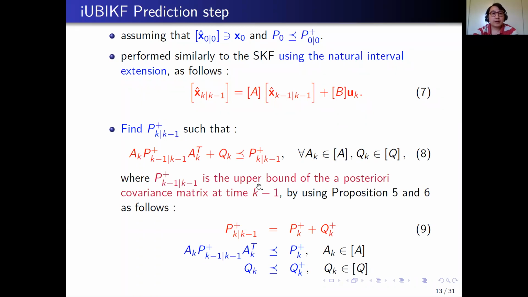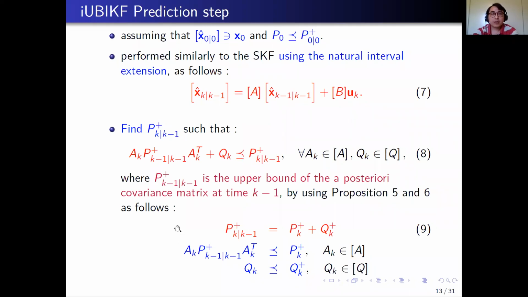Then we have to find the upper bound P plus k|k-1 of this term for all A_k in the interval A and Q_k in the interval Q, in which P plus k-1|k-1 is the upper bound of the a posteriori covariance matrix at the previous time instant k minus 1.